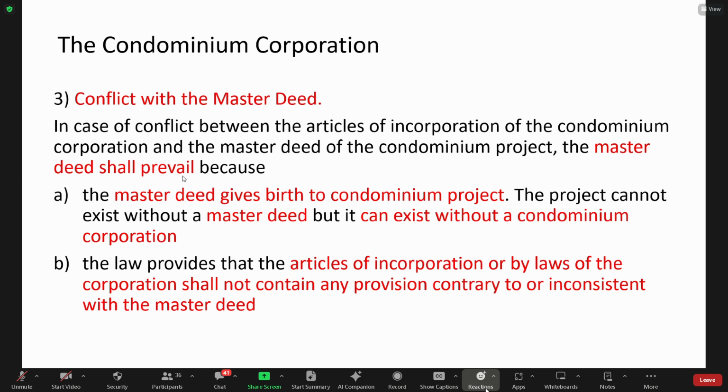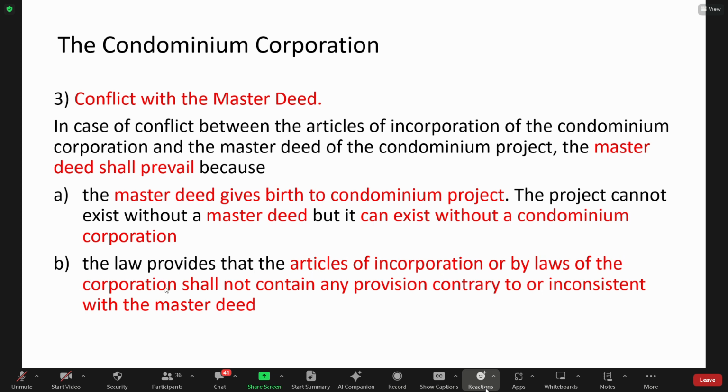Una sa lahat, kung walang master deed, walang condo project. Walang condo project na mag-exist without a master deed. Okay? Yun agad. So, master deed ang mother, parang mother of it all.